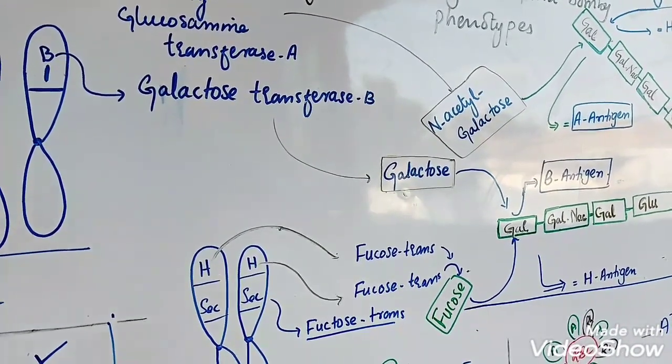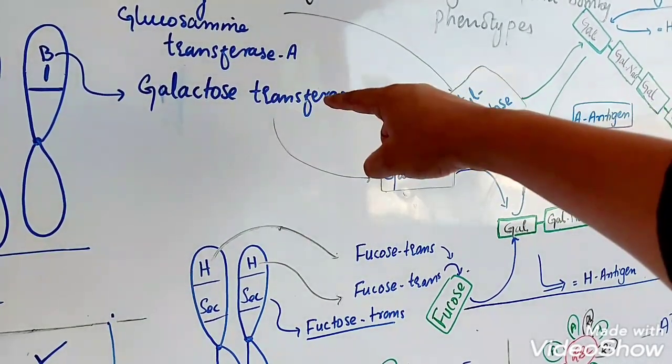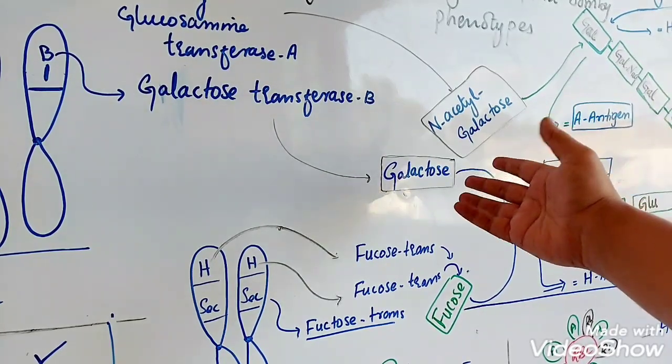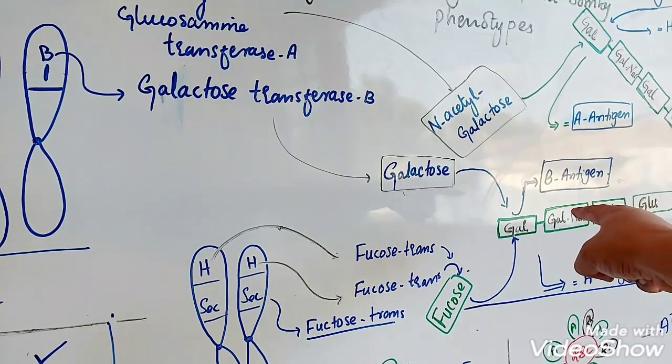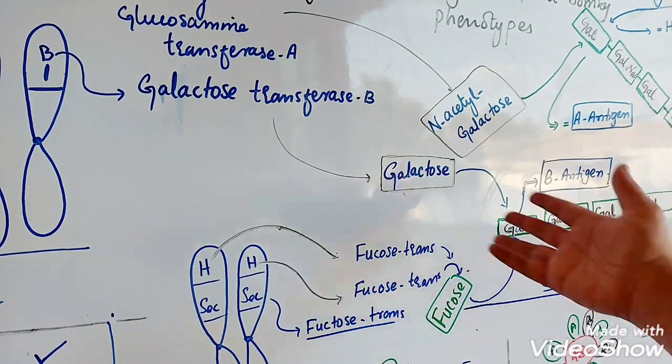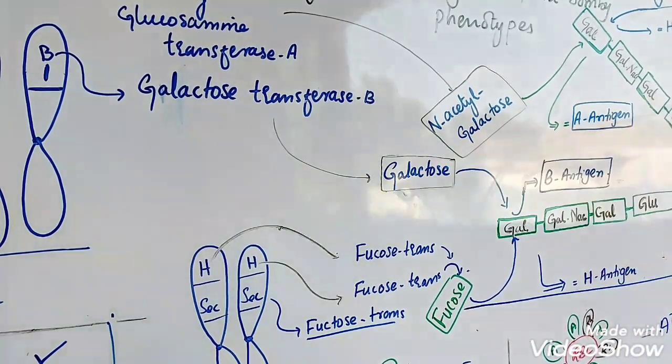Look, transferase A and transferase B can add either N-acetyl galactosamine or galactose onto the H antigen. And as they are not getting H antigen, they will remain functionless.